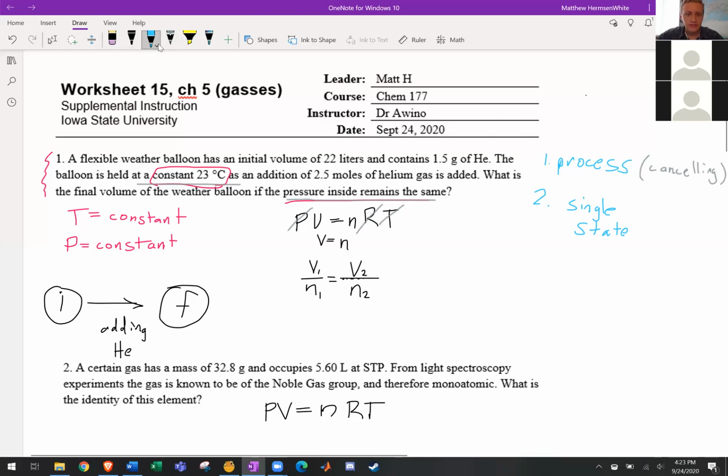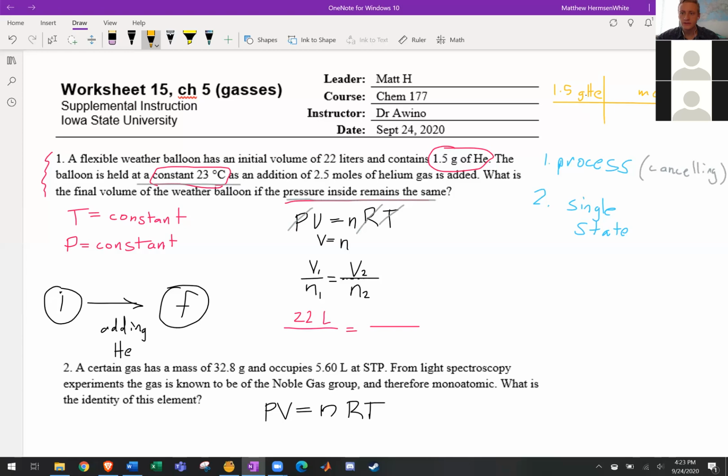Now let's put in the information we know. So we have the initial volume, we're told is 22 liters. And the initial moles. Just to remember, N means moles of gas, but we are given 1.5 grams of helium. So we cannot put grams in here. We need to convert this to moles. So up here, I'm going to convert 1.5 grams of helium into moles of helium.